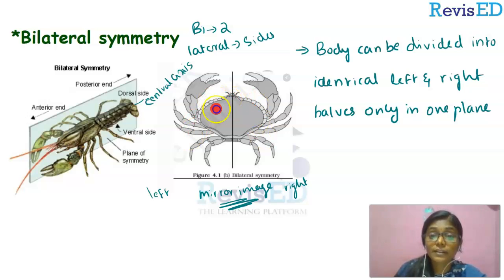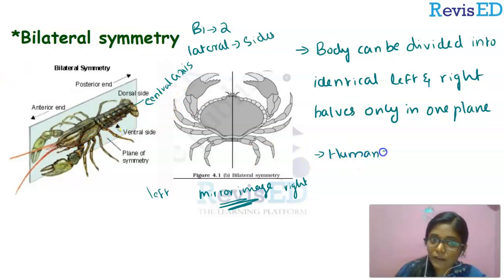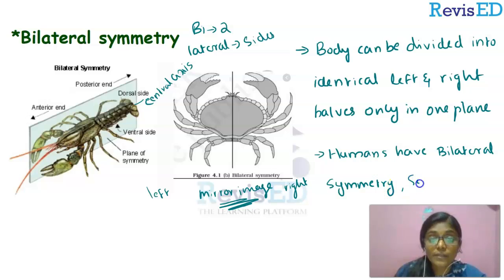The body can be divided into identical left and right halves only through one plane. So it is called bilateral symmetry. And superficially, humans are bilaterally symmetric. Humans are showing bilateral symmetry. So I hope bilateral symmetry is clear for you.